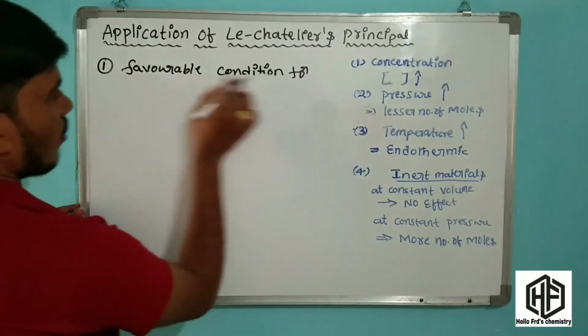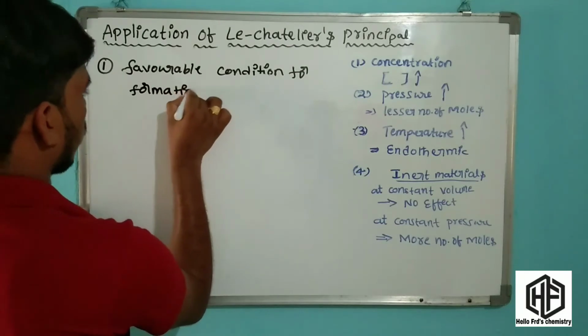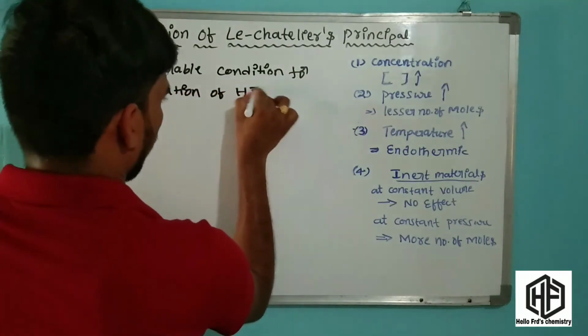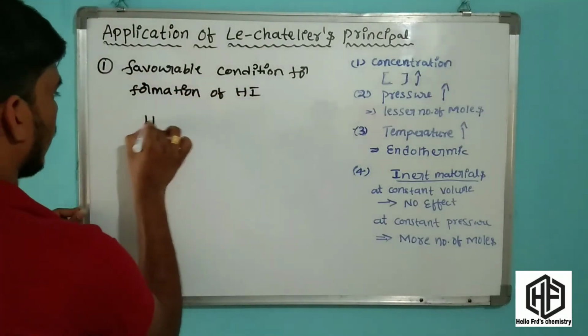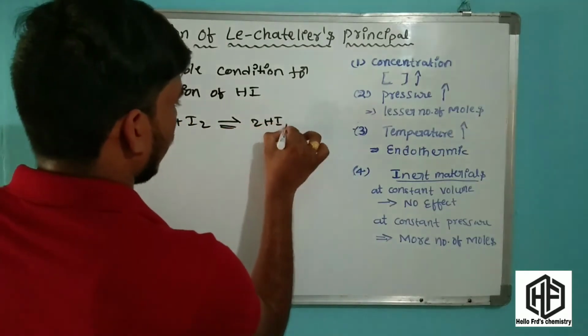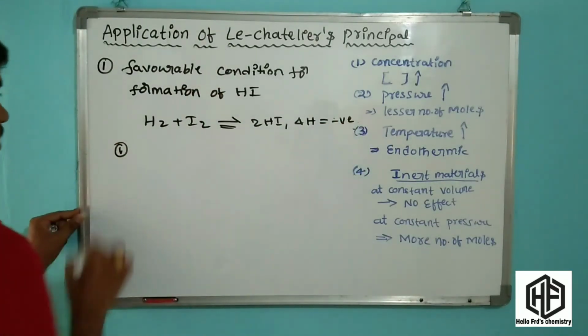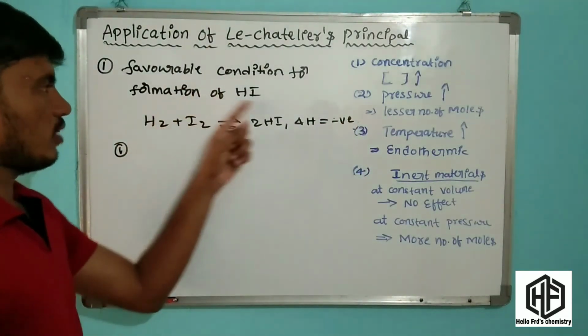Friends, the next one is the favorable condition for the formation of HI. The reaction is H2 plus I2 gives 2 moles of HI. Delta H is negative. What are the favorable conditions for formation of HI?